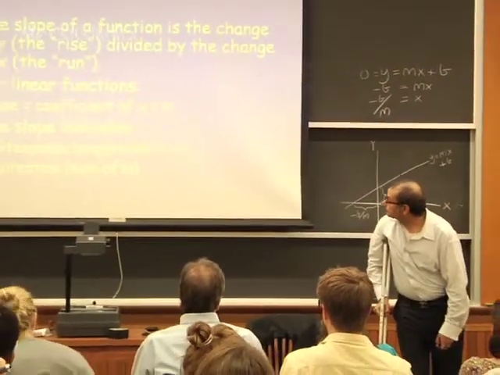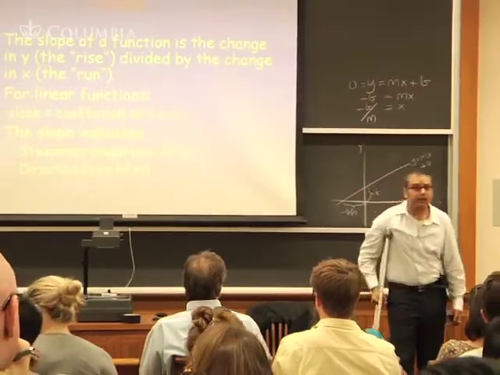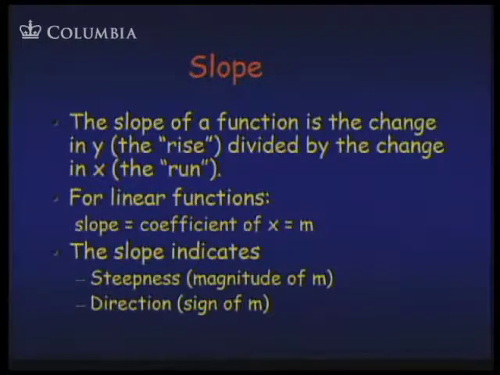Now the slope, of course, is also known as the rise over the run. You'll find this very useful on Thursday when we start talking about calculus. For linear functions, the slope is a simple concept. It's a fixed number. The coefficient of x, in this case m, indicates two things, both steepness and direction, right?